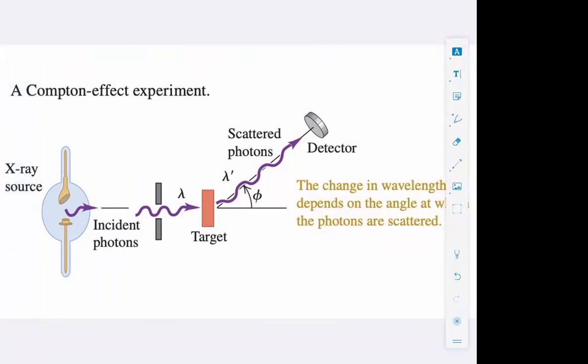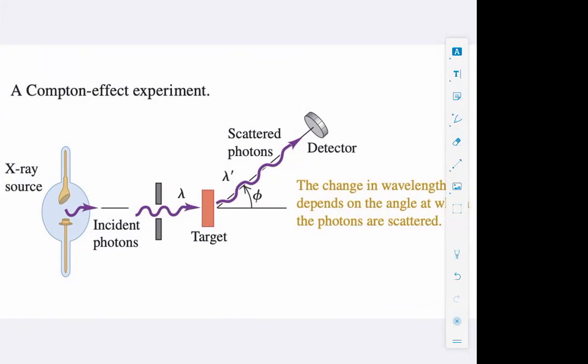Okay, so what I would like to describe now is the Compton effect experiment. Again, we have a source of X-rays there. So we have the high voltage applied to the tube. The electrons come and hit the metallic piece, and then radiation comes out. There's a collimating slit here.